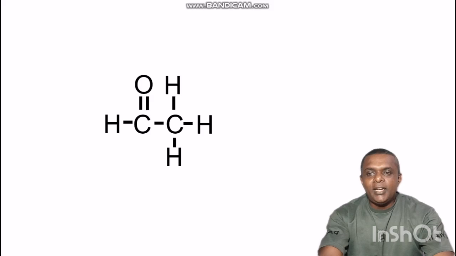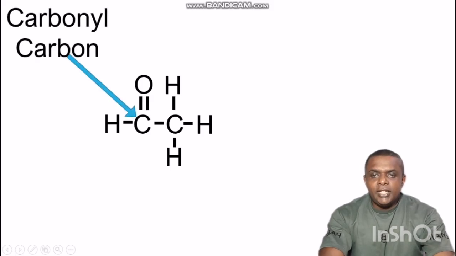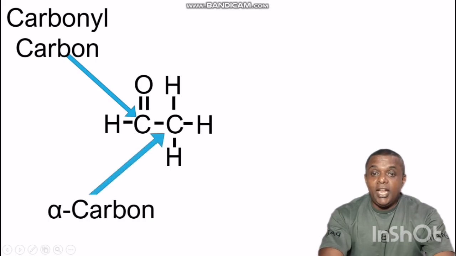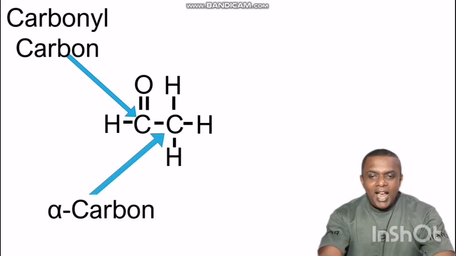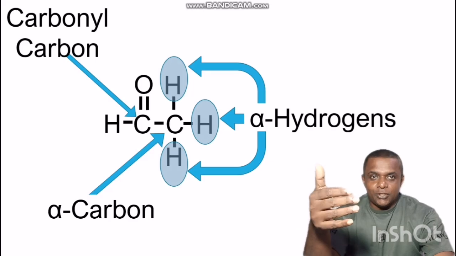Now let us see what happens in aldol condensation. It starts with this oxygen, and the oxygen-containing carbon is known as the carbonyl carbon, and the neighboring carbon is known as the alpha carbon. The neighboring carbon contains three hydrogens, which are also named alpha hydrogens.